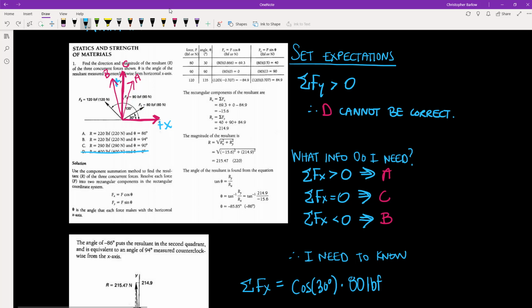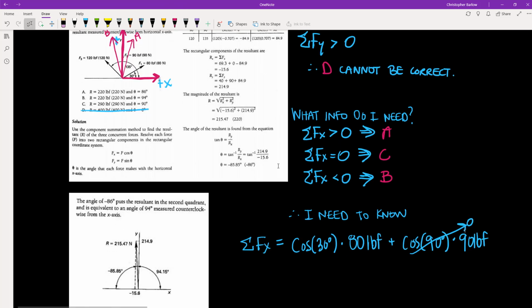And it's in the positive x direction here, so this will be a positive value. Next we have F2, which is pointing vertically, so it has no x component. Or in other words, we would have cosine 90 degrees times 90 pound force, and that would be 0.